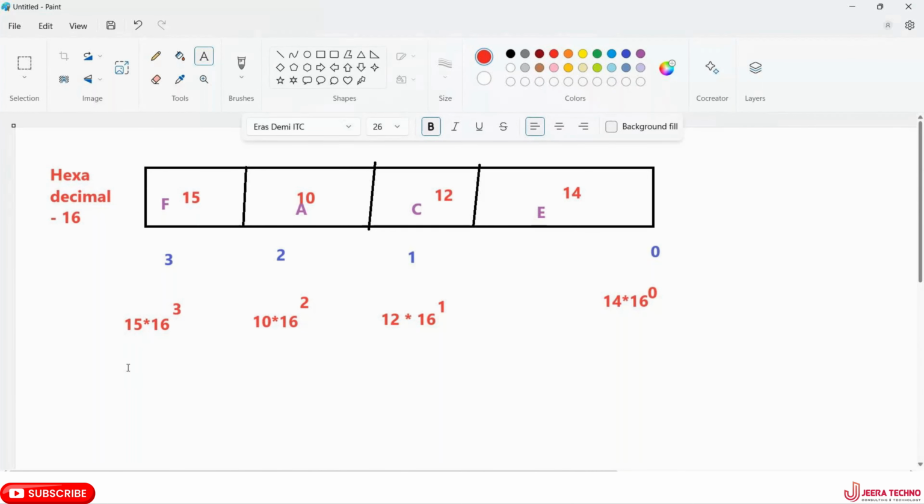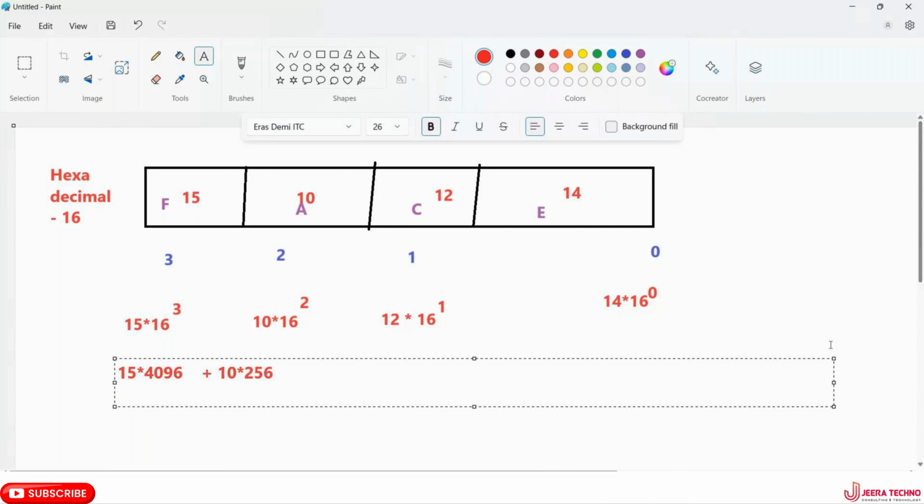Is that clear? What is the value of 16 cube? 4096. You can do the calculation also. 10 into 16 squared, that is 256. Then 12 into 16 power 1, that is 16 only. 14 into 16 power 0, that is 1 only. So 15 into 4096 will be 61440.